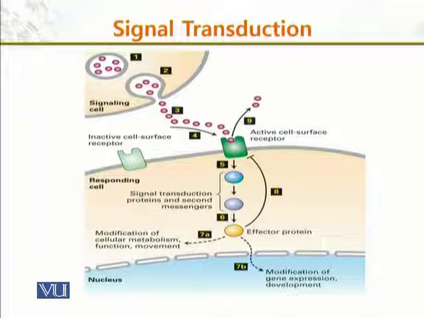It can either modify the action of the cell, or it can go to the nucleus of the cell and further carry out the other functions which are required by this signal.